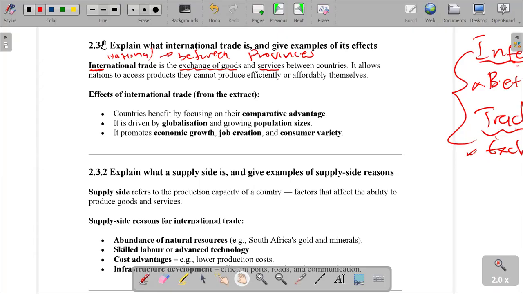If we don't have it and can't produce it as a country, it would be more efficient for us to buy it from another country.